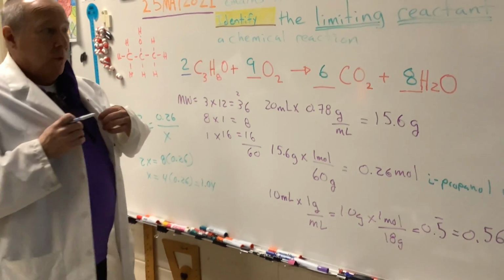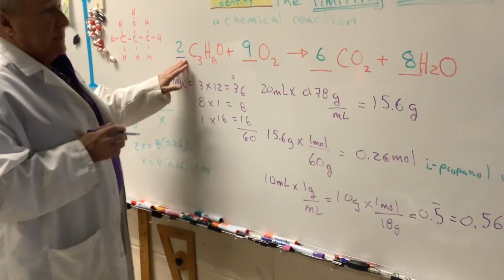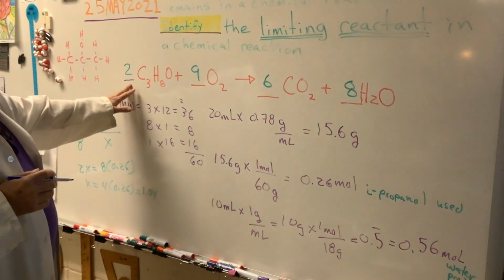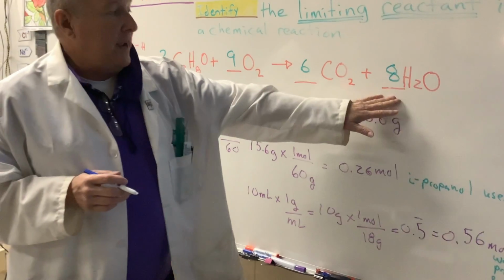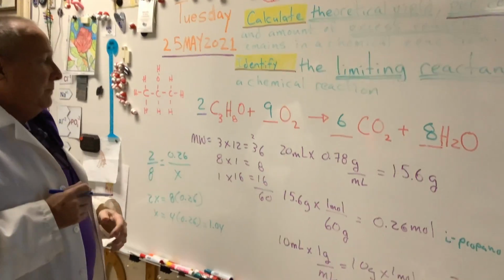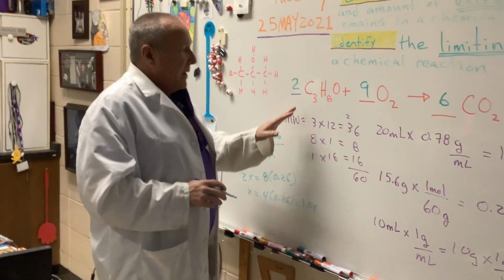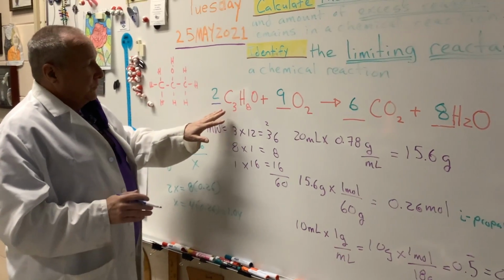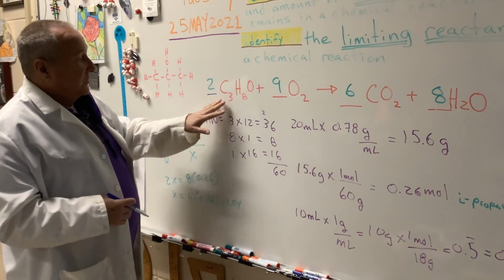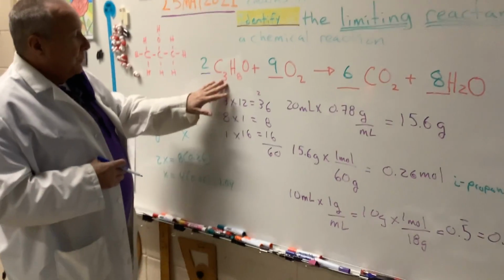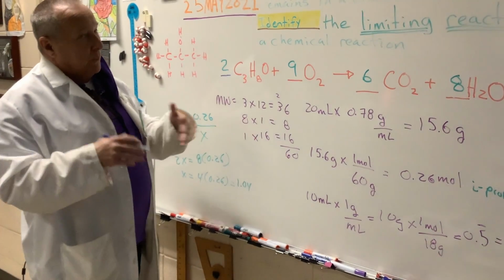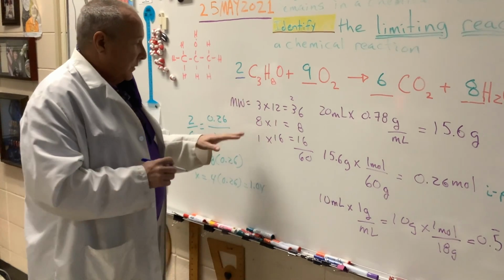So we would expect that for every 2 of these, we would produce 8 of these. But the question is, we need to convert it to moles. So if you look at the formula mass or molecular mass of isopropanol, there's 3 carbons, they're 12 each, 12.0017 or something.